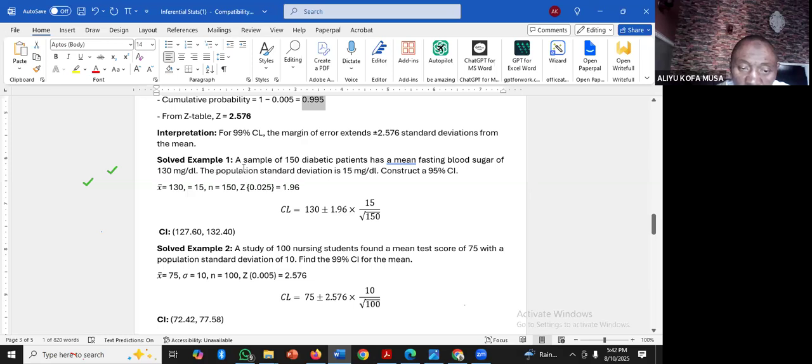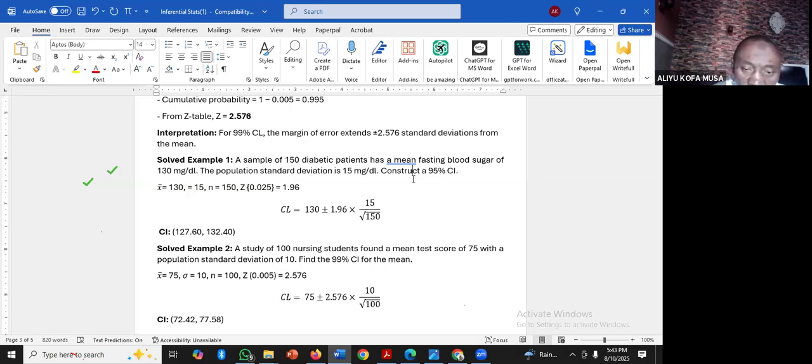So you can see here, we have been given the population standard deviation, which is sigma. Then construct a 95% confidence interval. Mind you, we don't construct confidence level. We only construct confidence interval.